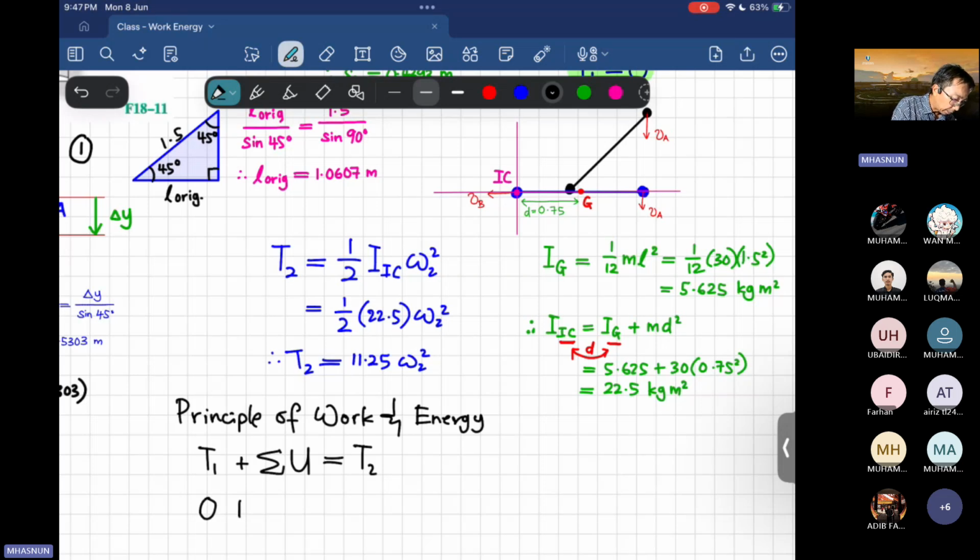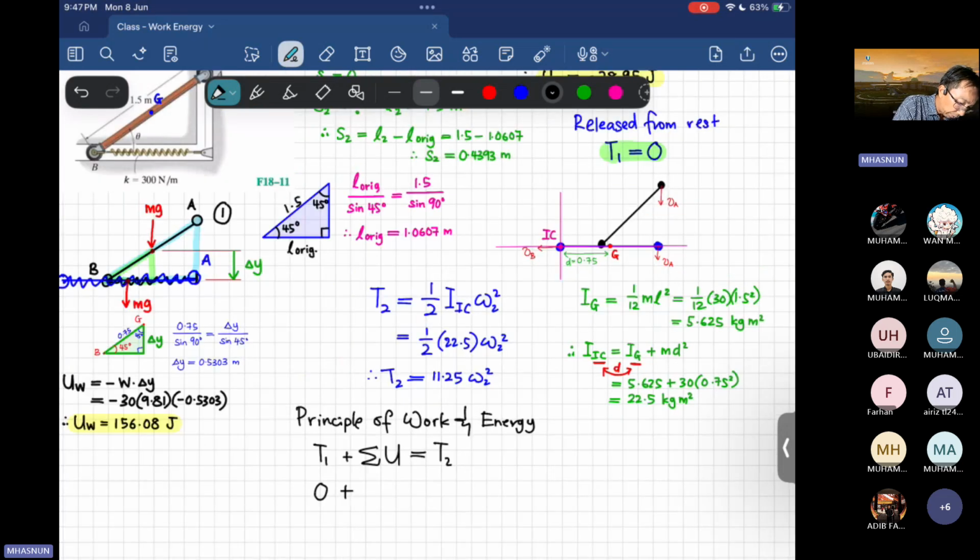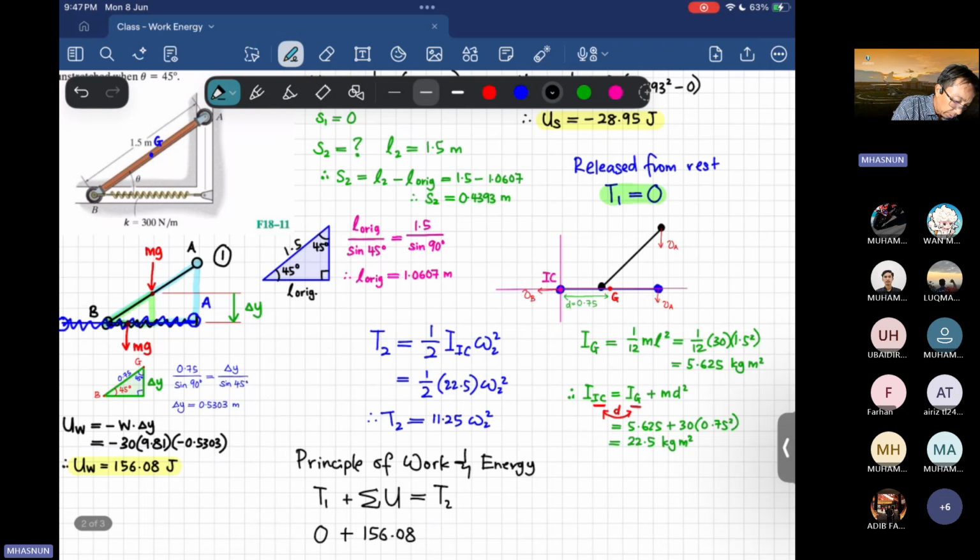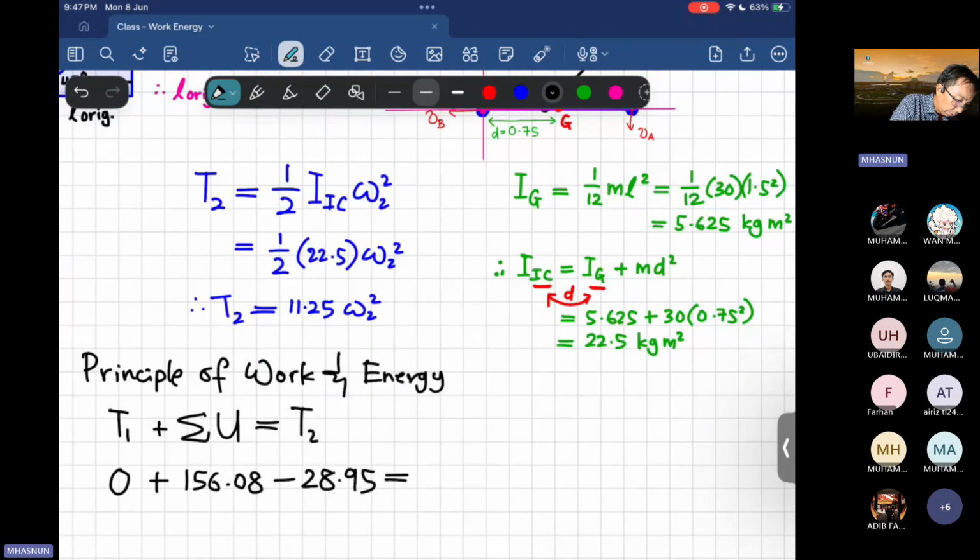Total work done, kita ada U_W 156.08 and we have U_S, which is negative, minus 28.95, is equal to T2, which is 11.25 omega 2 square.